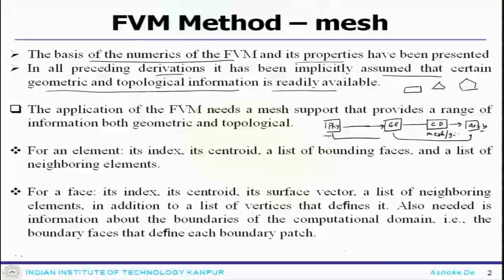We have done all these steps while assuming certain underlying mesh or topological information, which was used to get this linear system, because that is very much important: how we calculate the flux, how we calculate the derivative, how the physical domain has been transformed to the computational domain. So, all this information was available. Essentially, what is required to get a simulation done for a physical system?